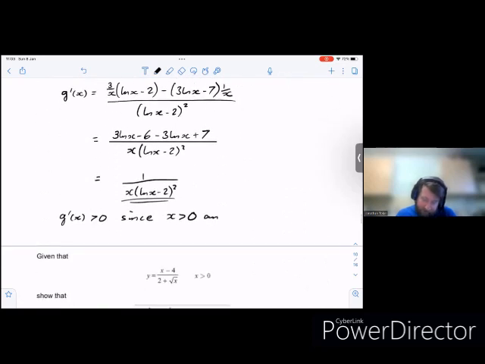And log x minus 2 squared, that's positive. It can't equal 0 because the value of x that makes that equal 0 is not allowed in the domain. So if x is greater than 0 and log x minus 2 squared is greater than 0, the whole thing must always be greater than 0.